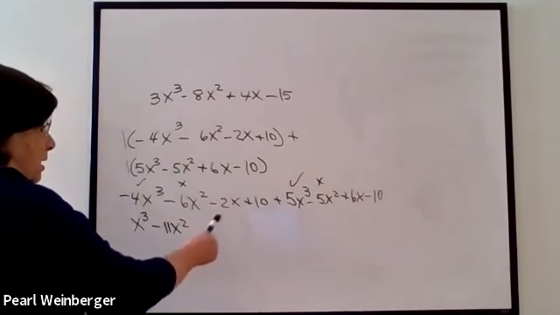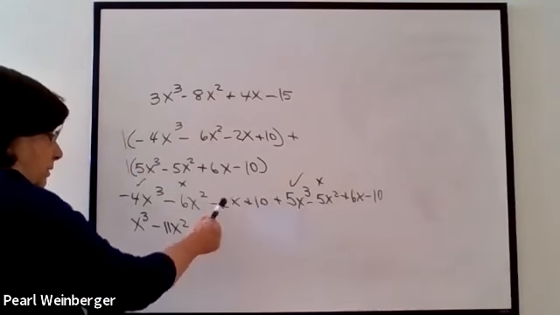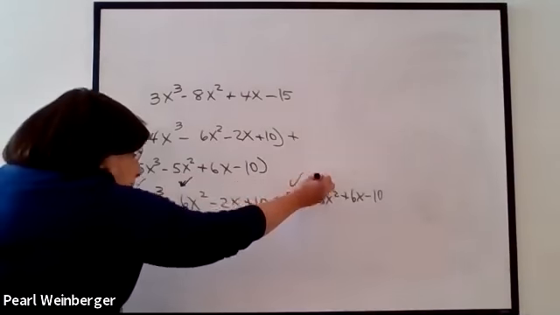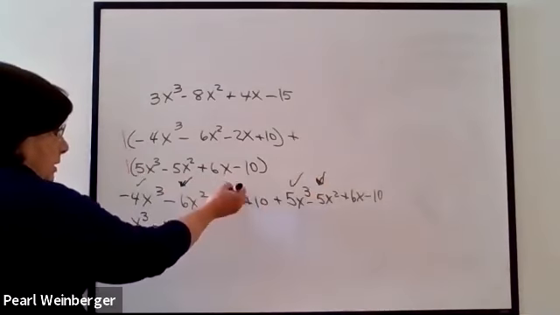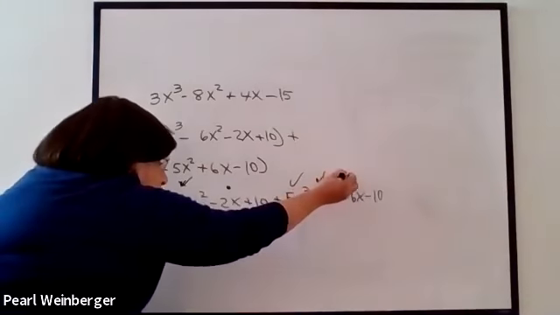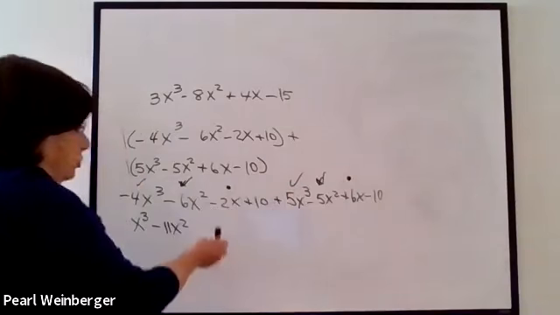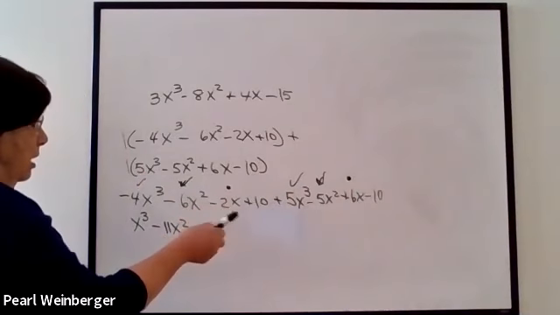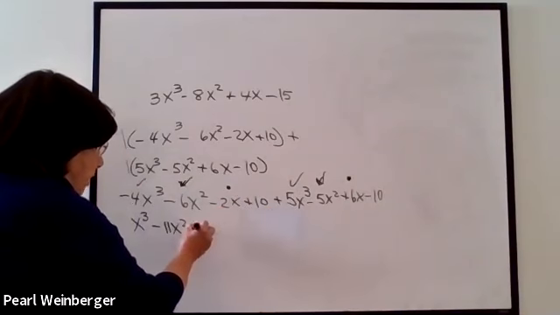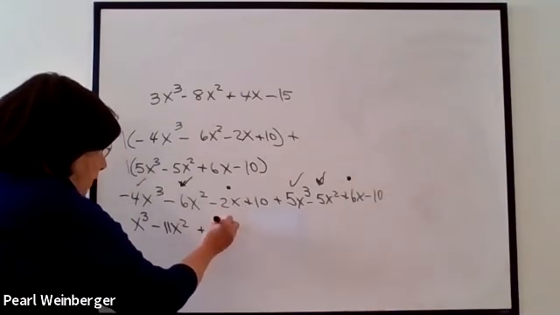Then I go to the next term that I see, just check this off now. The next term I see is a negative 2x and a positive 6x. Those are like terms because they're just x's. Again, I combine the negative 2 and the positive 6, which gives me positive 4x.